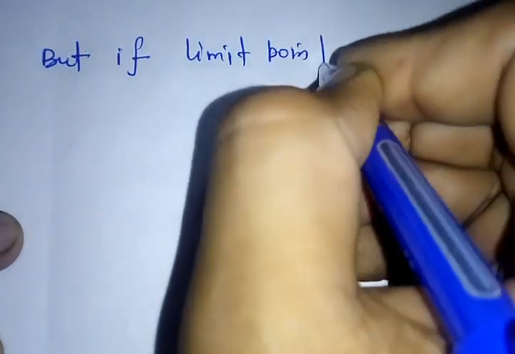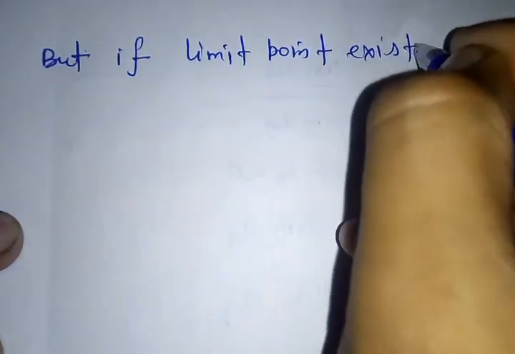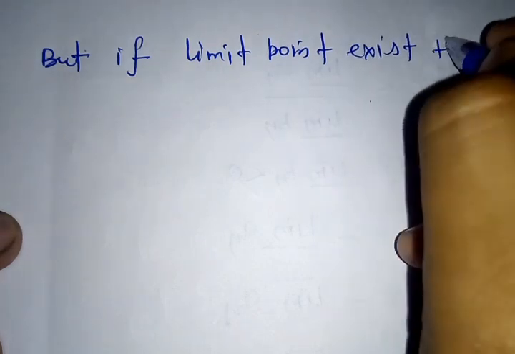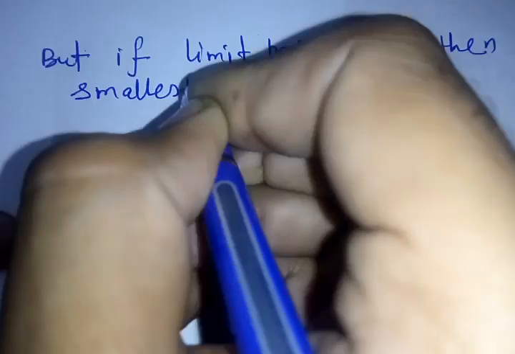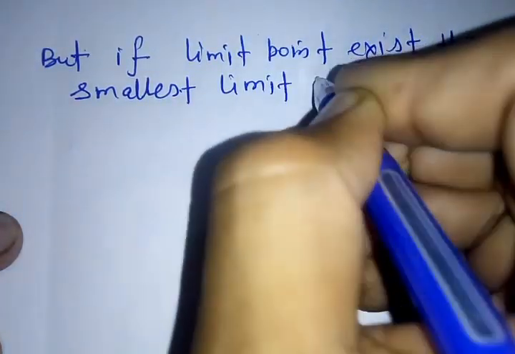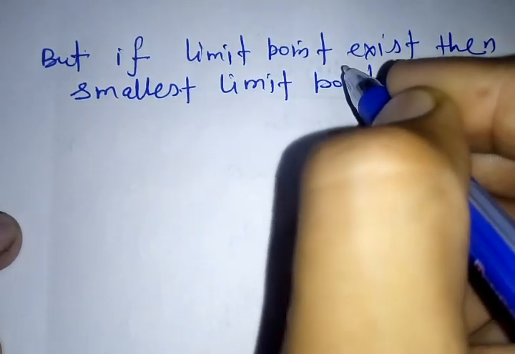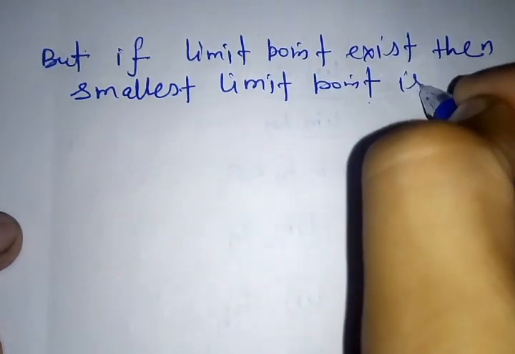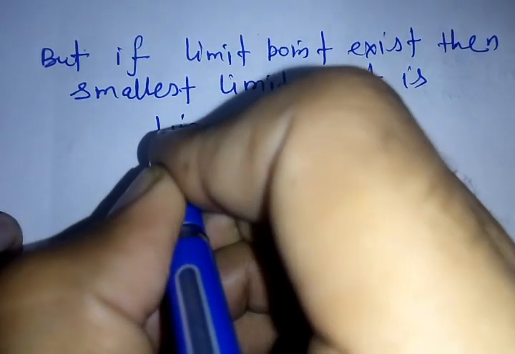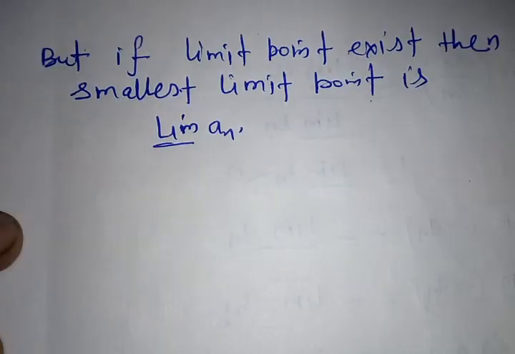But if a limit point exists, then the smallest limit point is the limit inferior of the sequence.